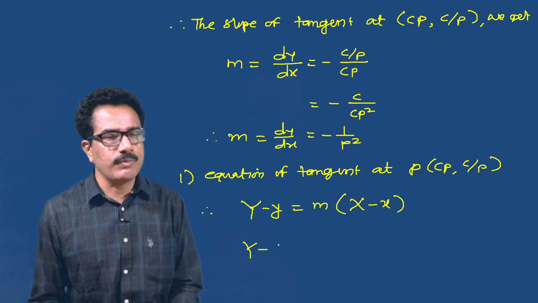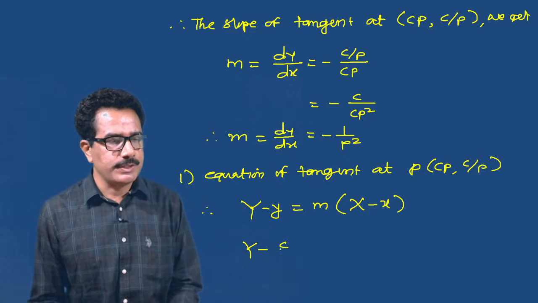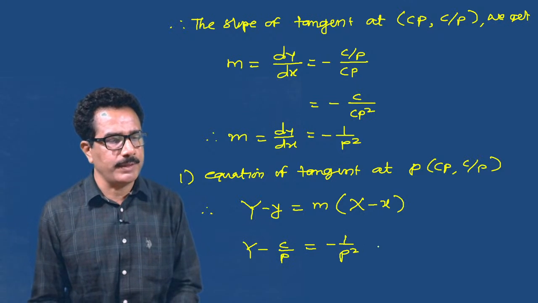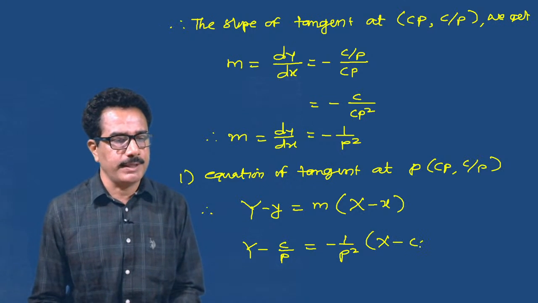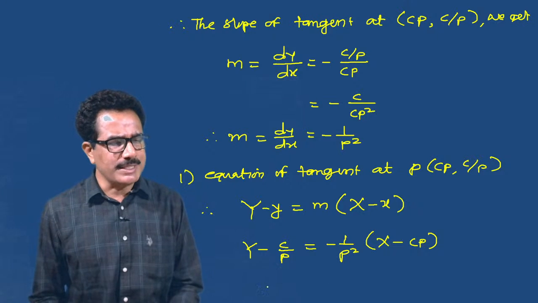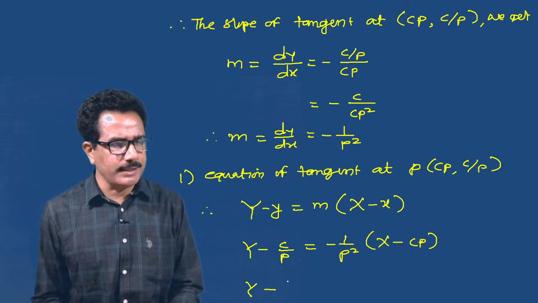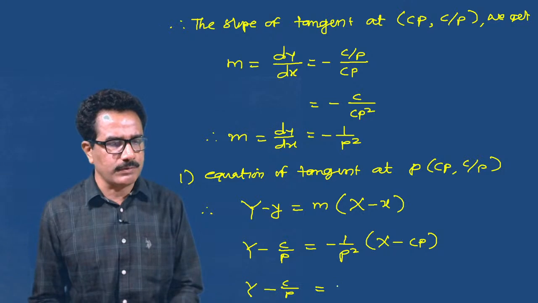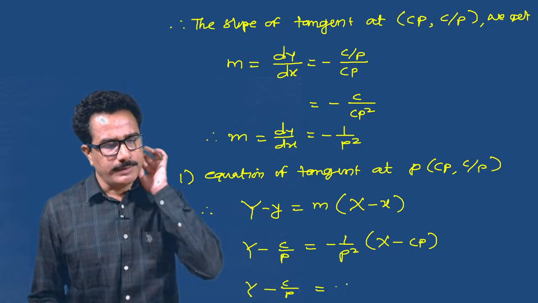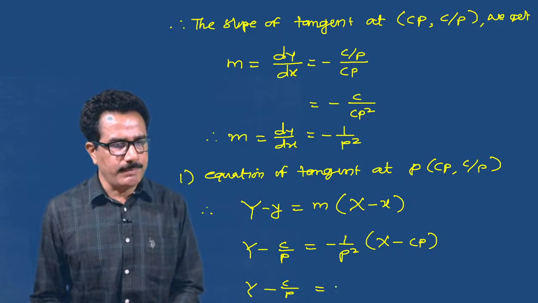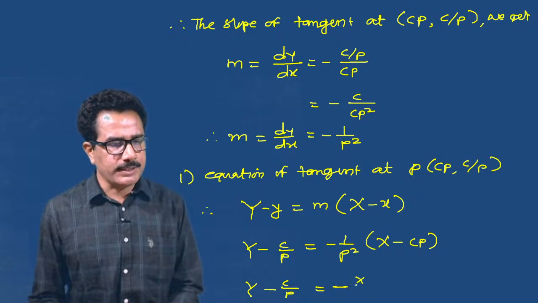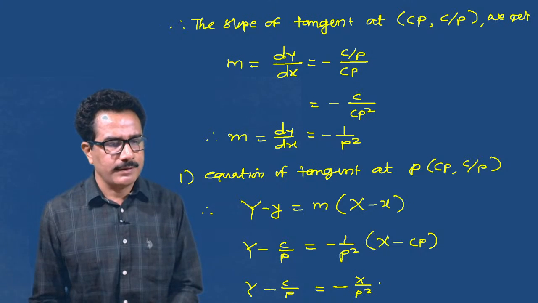Capital Y minus small y, what is the small y? C divided by p, which is equal to m, meaning minus 1 upon p square, capital X minus small x, meaning cp. So you can separate this: capital Y minus c divided by p is equal to minus x divided by p square plus c divided by p.